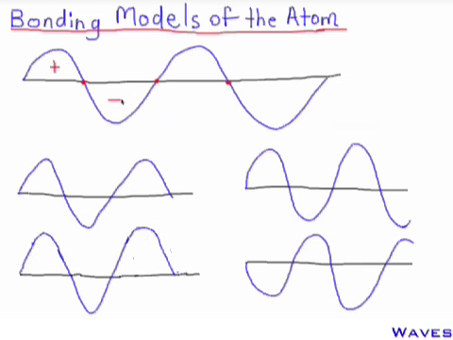Negative amplitudes are those that descend below. The regions or points at which the wave crosses the zero axis are referred to as nodes. Nodes are those areas of the wave which have zero amplitude.